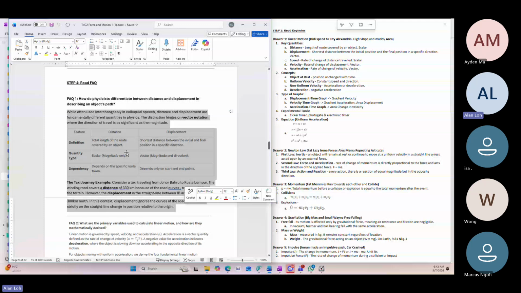Ten more seconds. All right. This is drawer number 2, because it's talking about Newton's first law, and not second law, not third law, but first law. First law is inertia. I hope by now you know what inertia is. You know what Newton's first law is about, right?